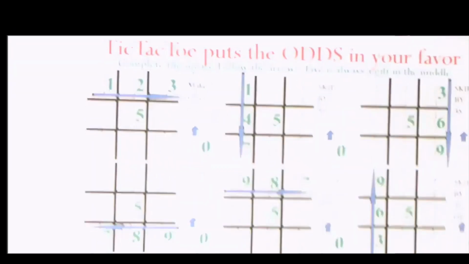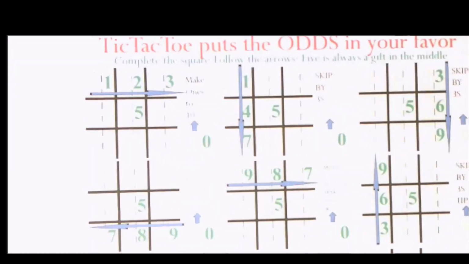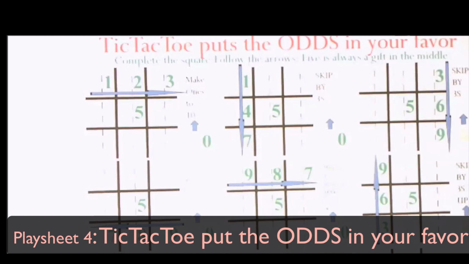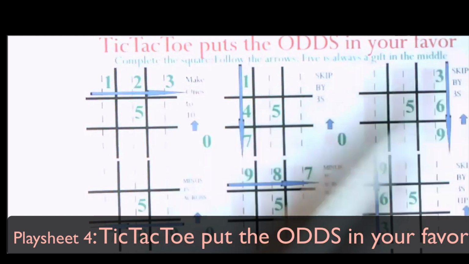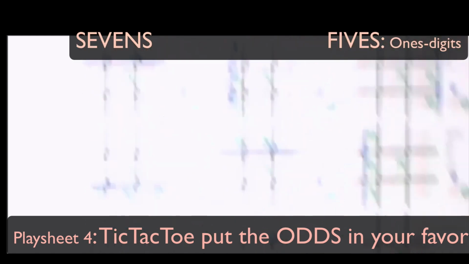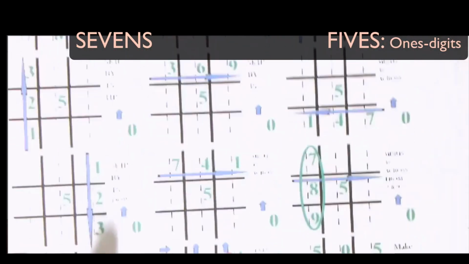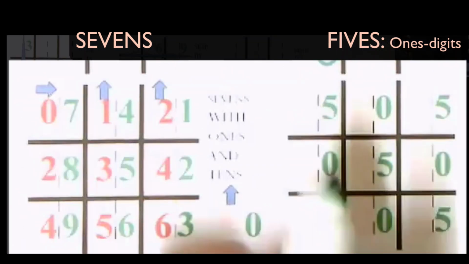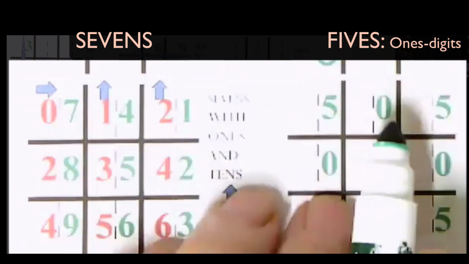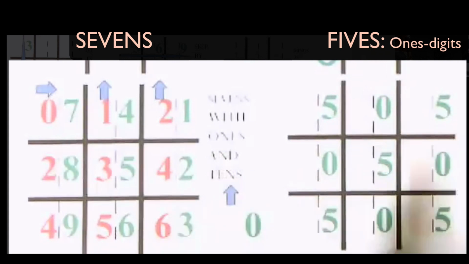Last thing I want to show you is just a couple ways to play, because the more ways that you play, the better. First of all, 5 is a gift in the middle in all of them. I'm actually going to start all the way down in the bottom with the 5s, because the 5s are just 5, 0, 5, 0, 5, 0, 5, 0, 5. 5 is in the middle, starts with 5, ends with 5.